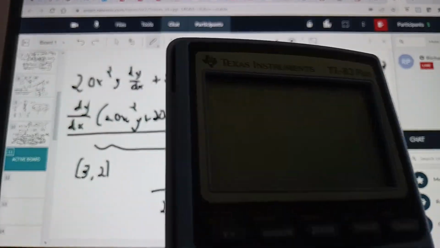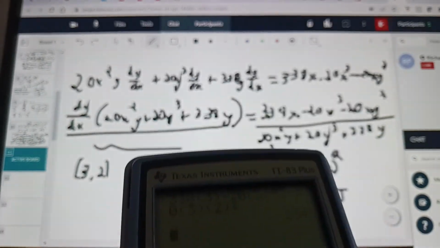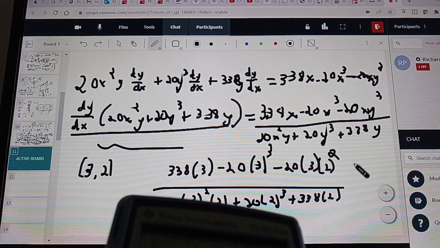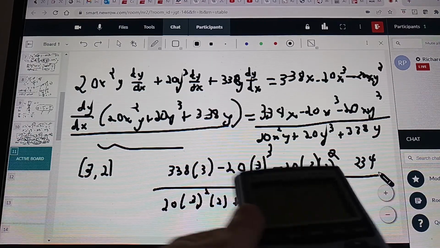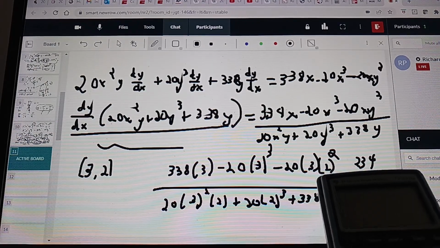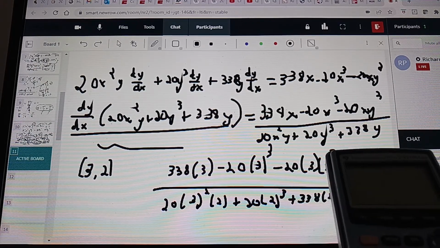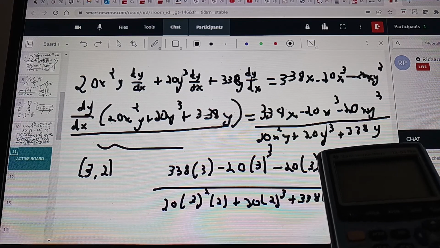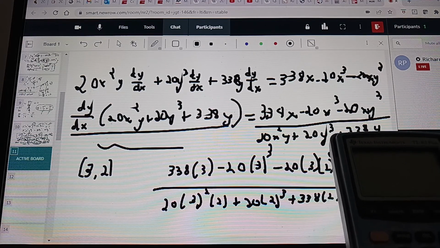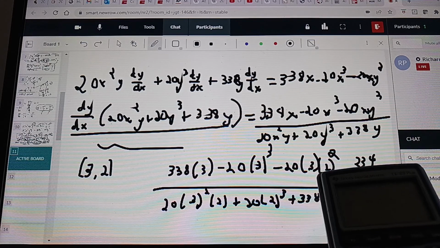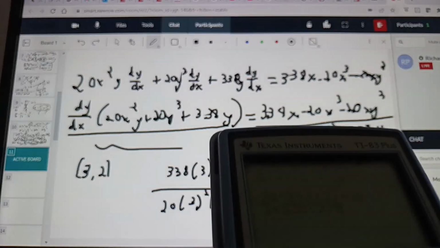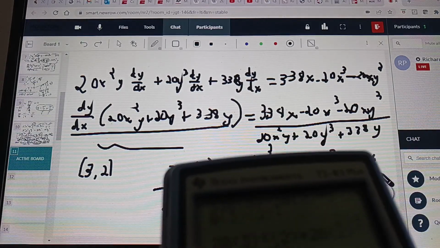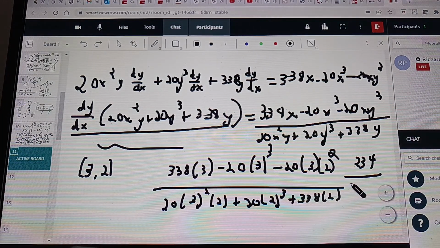So I get that all at once, and then the numerator comes out to 234. Now the bottom is 20 times 3 squared times 2 plus 20 times 2 raised to the third plus 338 times 2. So type the whole denominator in. 1196.